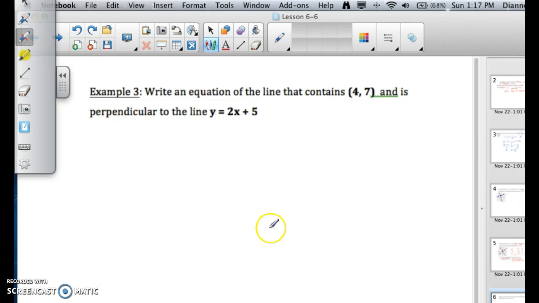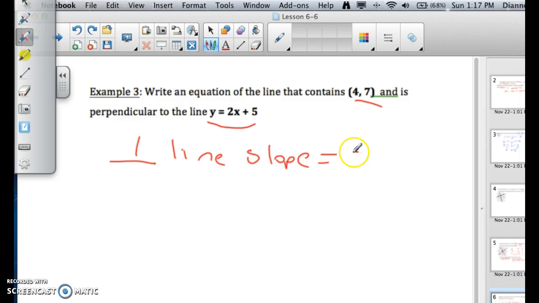So now let's write an equation of a line that contains the point 4, 7 and is perpendicular to y equals 2x plus 5. Well, the perpendicular line will have a slope of the opposite reciprocal of 2. So that opposite reciprocal is -1/2. So once again, I have my point, I have my slope.